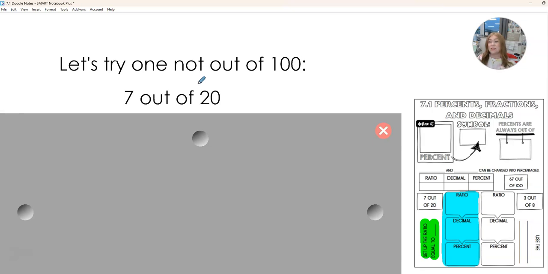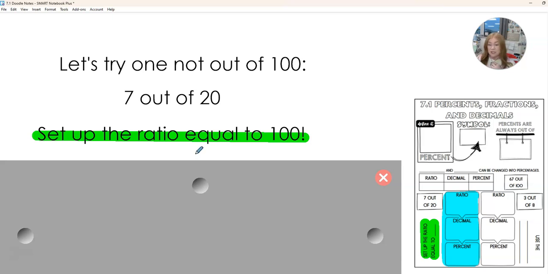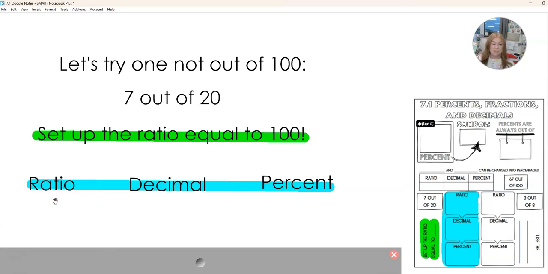So let's try one that's not out of 100 to start with. We're going to do 7 out of 20. We want to set up the ratio equal to 100. So our ratio starts with 7 out of 20.